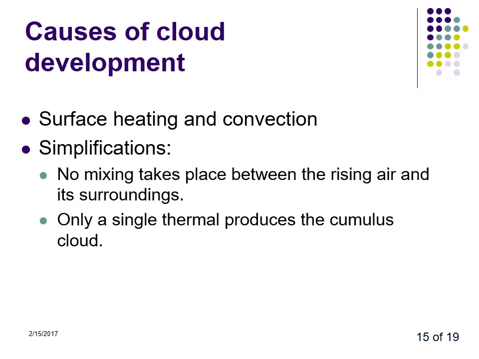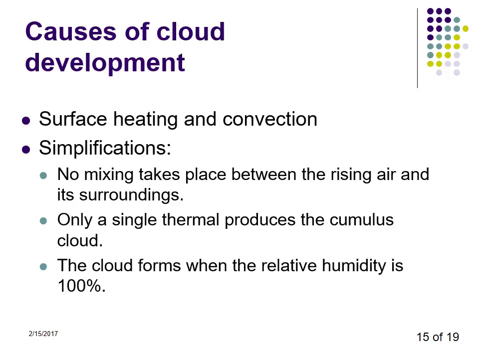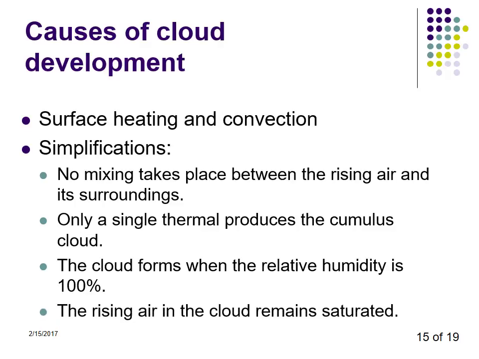Or only one column of rising air produces one cumulus cloud. And clouds will form when the relative humidity in the air parcel reaches 100%, or when the air temperature in the parcel reaches the dew point temperature.